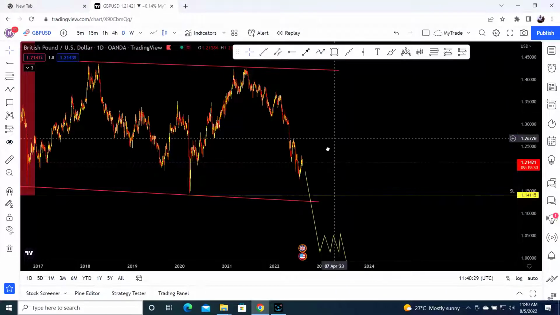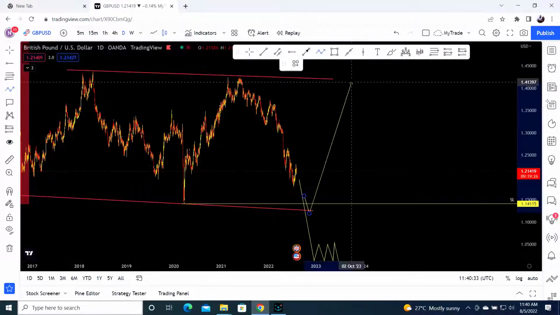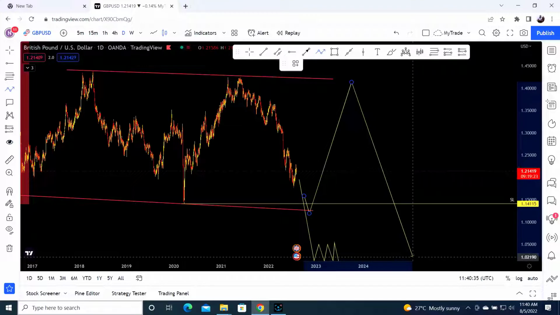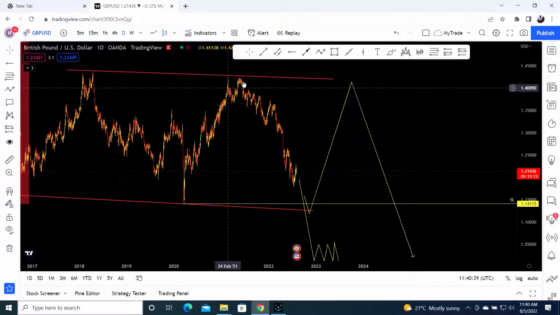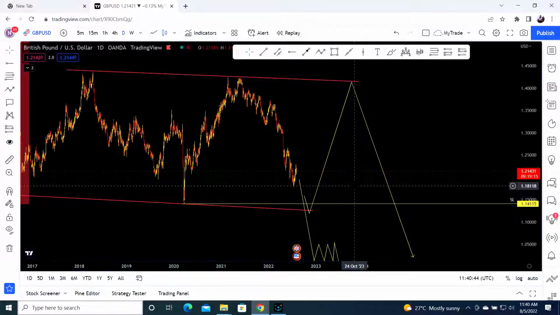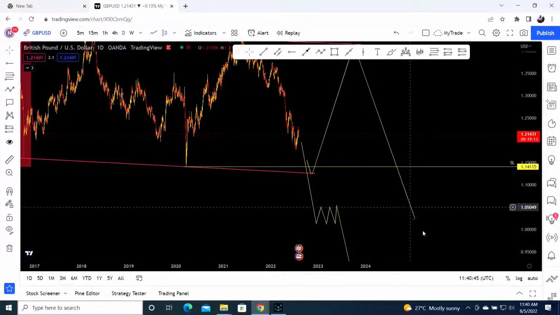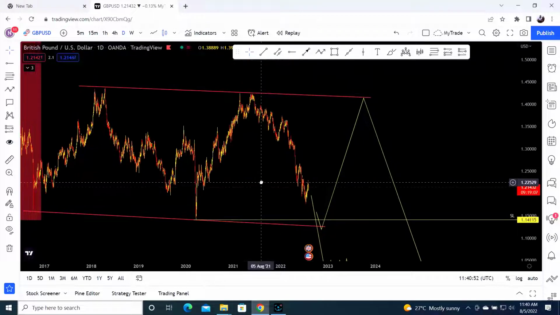Or price may get to this level and reverse upwards here before coming back. So first touch, second touch, there may be a third touch before price comes back to complete our final impulsive leg. So that's what we can see at the daily.